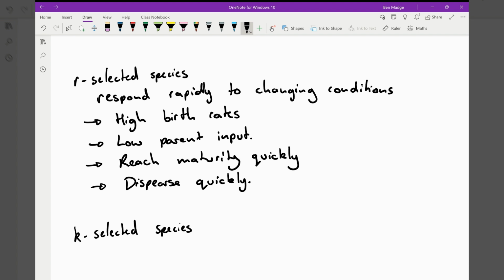And some examples of this are things like the old green fly that you get on roses. That's not a very good picture of a green fly, but hopefully otherwise known as aphids. You have things like dandelions. So hopefully everyone's familiar with the old dandelion clock with the seeds that are going out in all different directions.